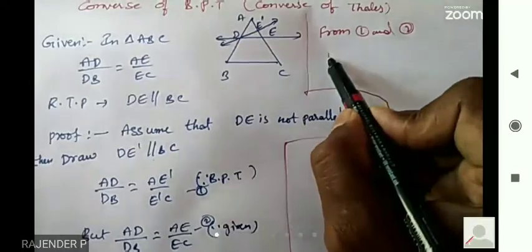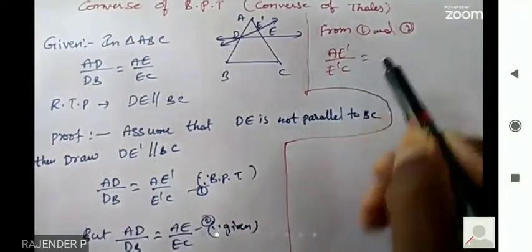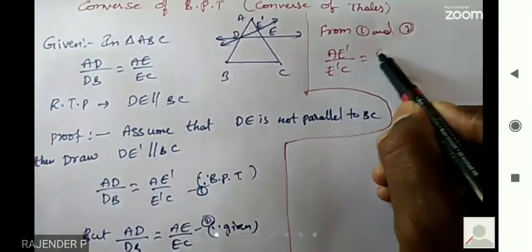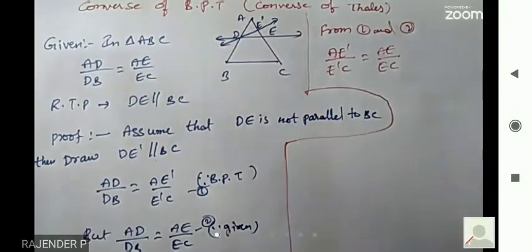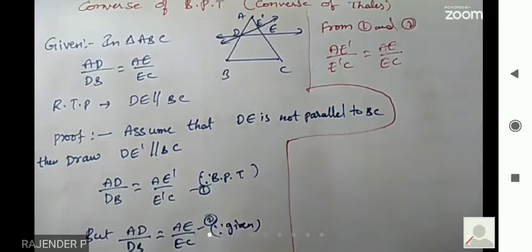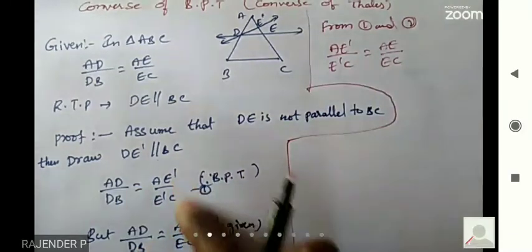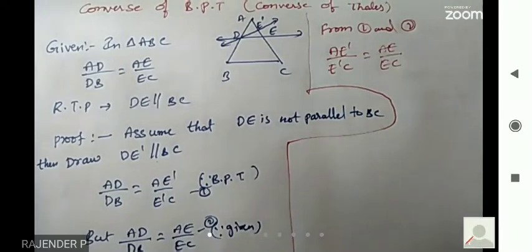AE dash by E dash C is equal to AE by EC.